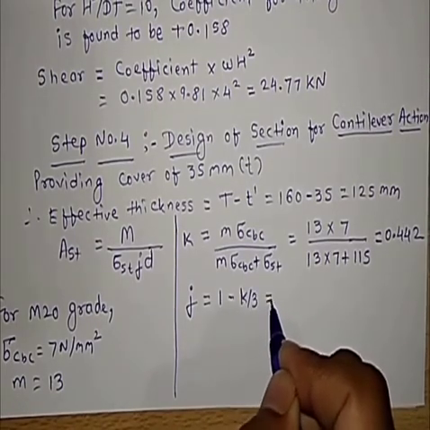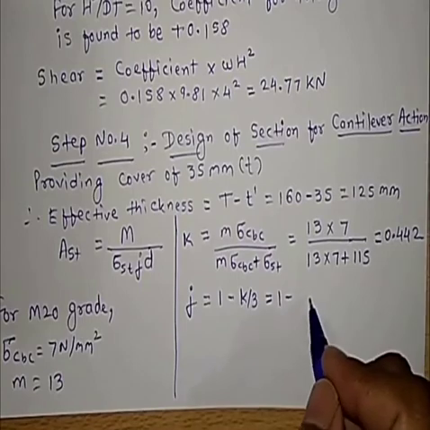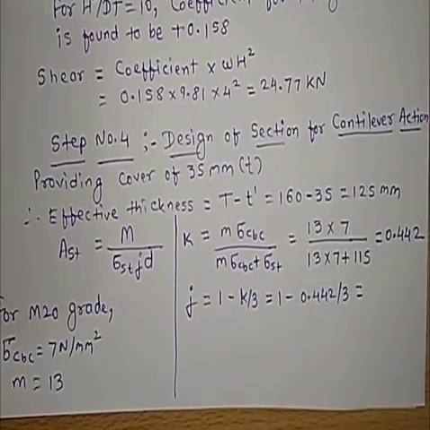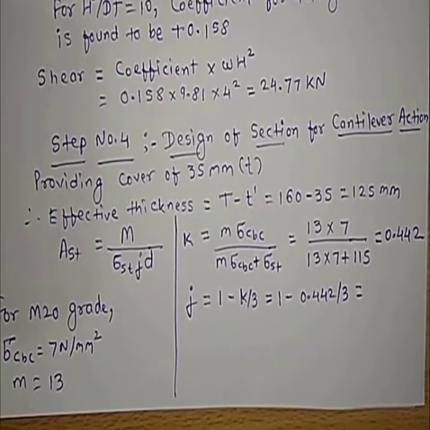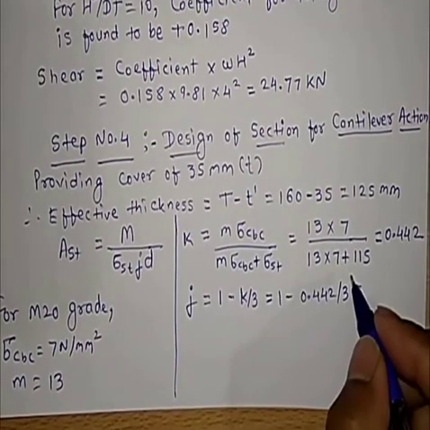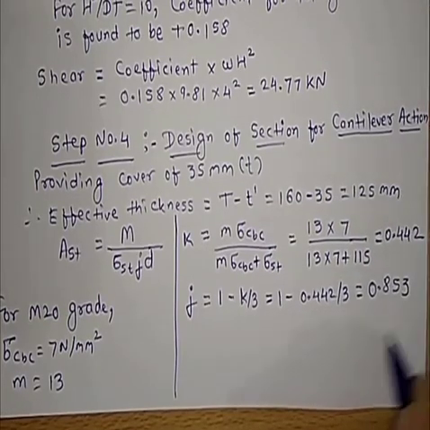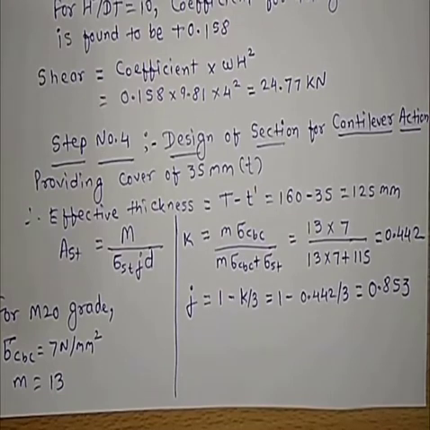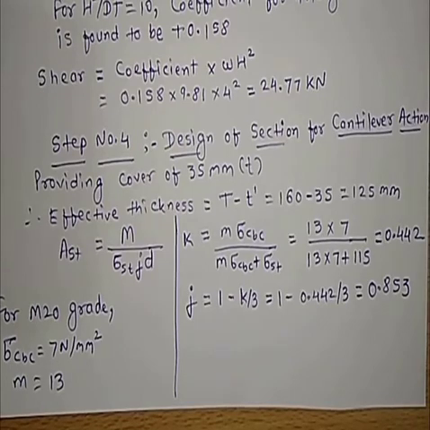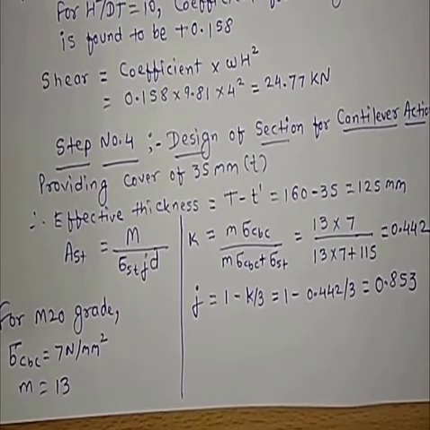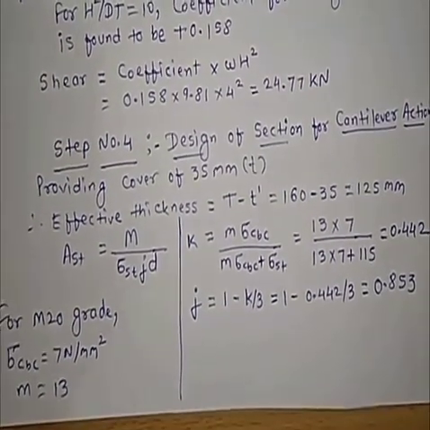That is the reason we calculate K first, and then 1 minus 0.442 divided by 3. If we calculate this, J equals 0.853. So you have now got sigma ST, J and D. M is already known.